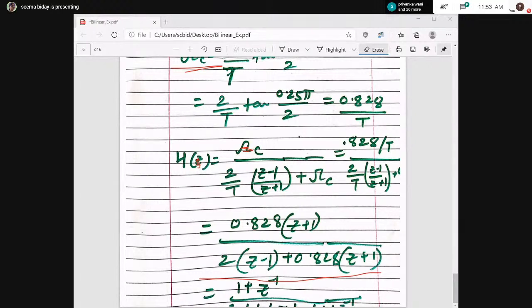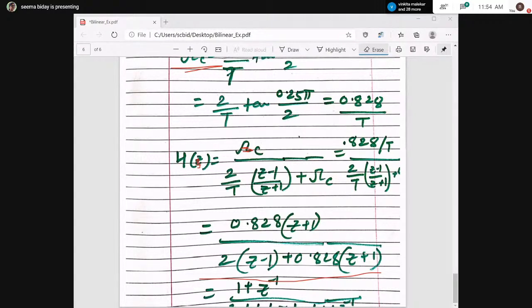Where is it WT? Check the files, just now what I explained today. See, capital omega equals 2 by T tan of W by 2.